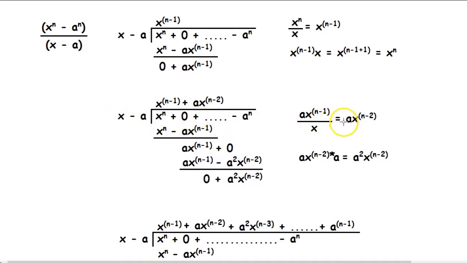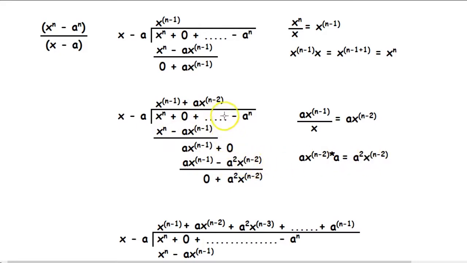So that will be equal to a x to the power n minus 2. So this is our quotient value. Now that we got this, then we multiply minus a with a x to the power n minus 2. So that will be minus a squared into x to the power n minus 2.